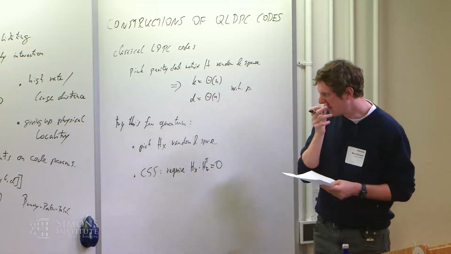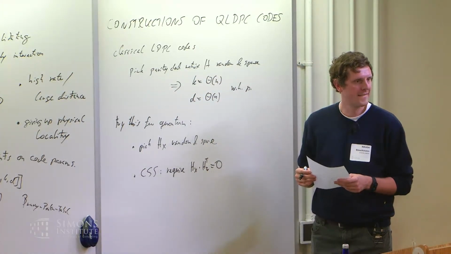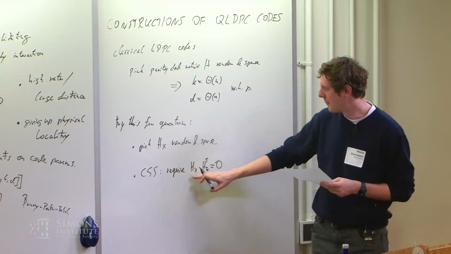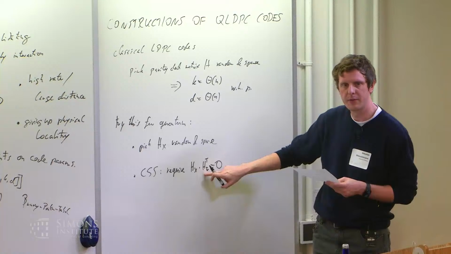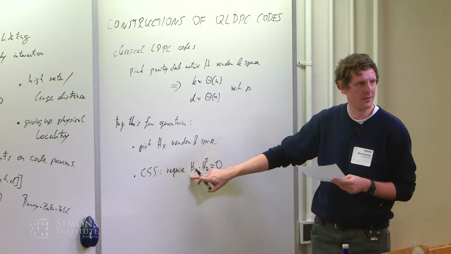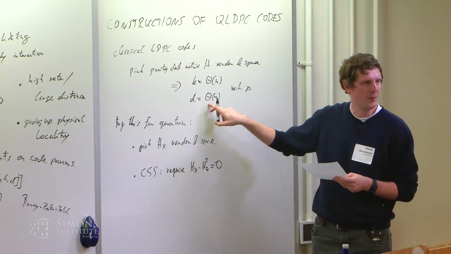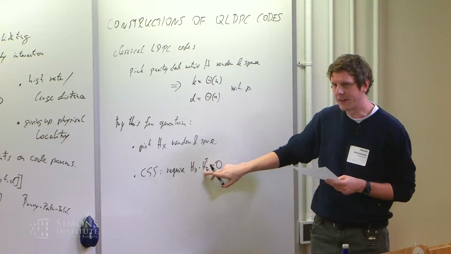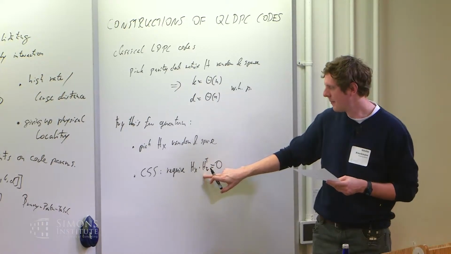Can anybody already see where we are running into trouble here? This equation essentially tells us that the checks of the Z code are code words of the X code. But those we know are linear in size, so this matrix can never be sparse if we do this naively.